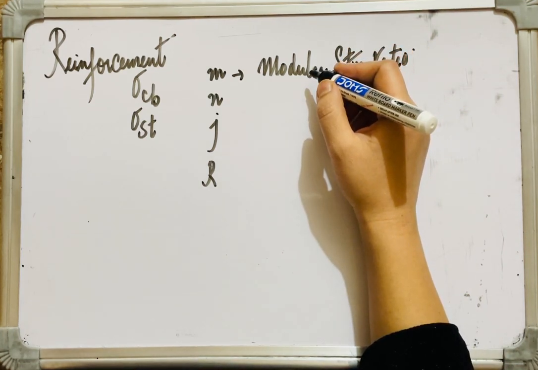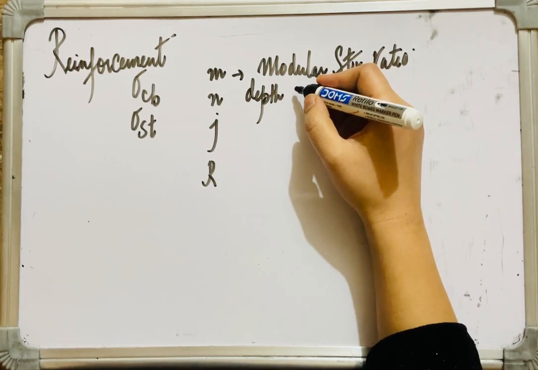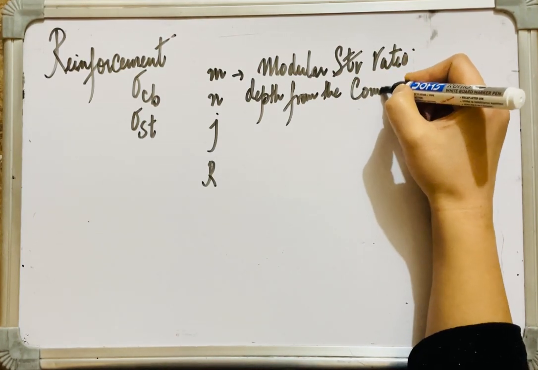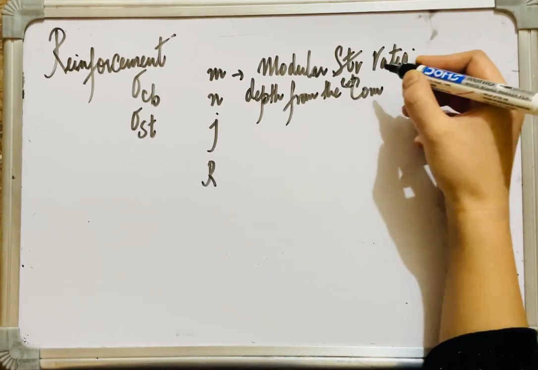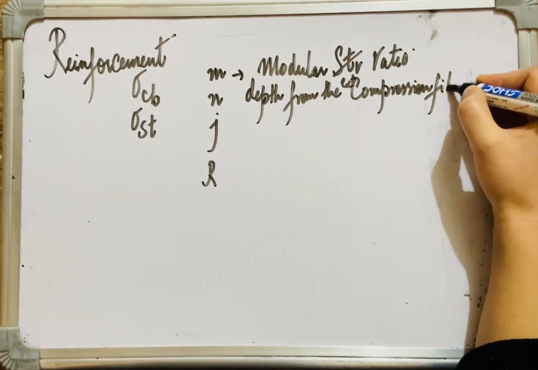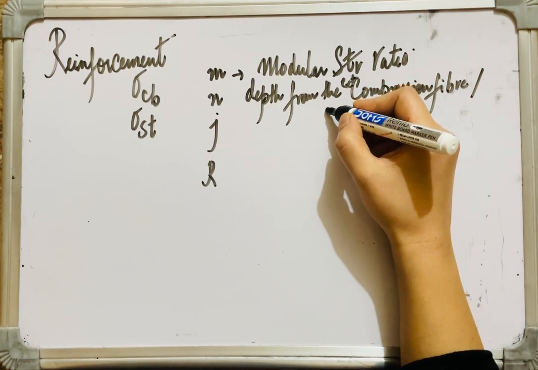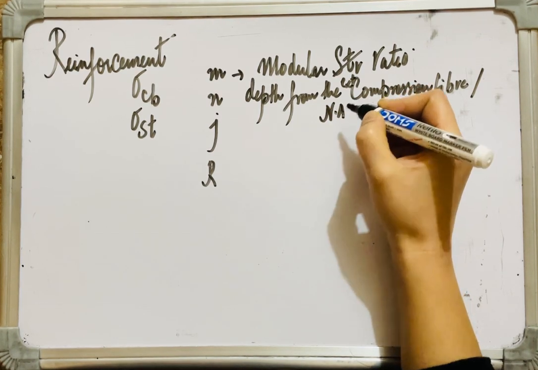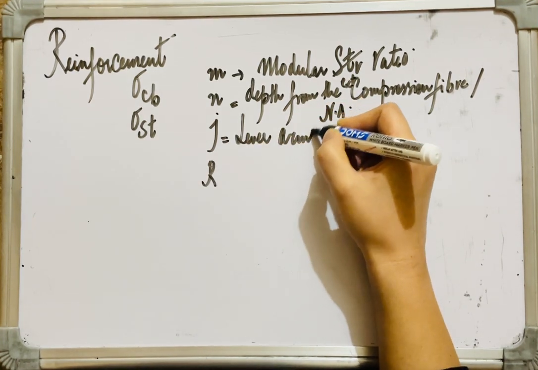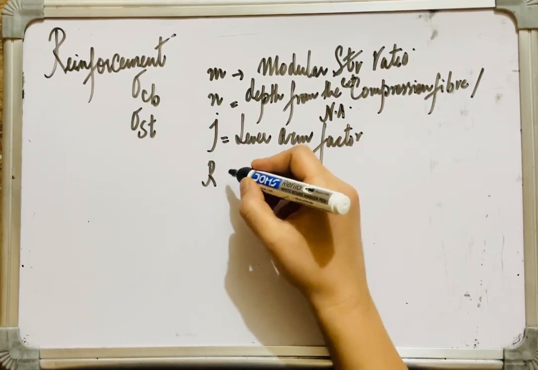Then we have N, which is the ratio of depth from the extreme compression fiber to the neutral axis. J is my lever arm factor, and R is my coefficient of resistance.